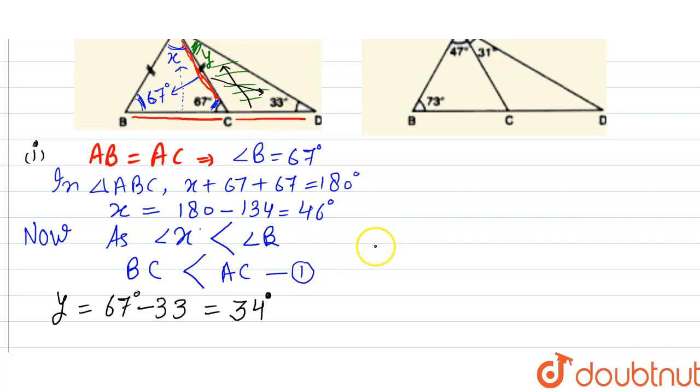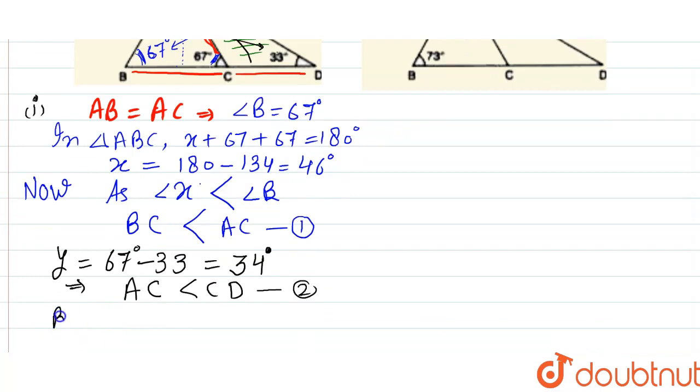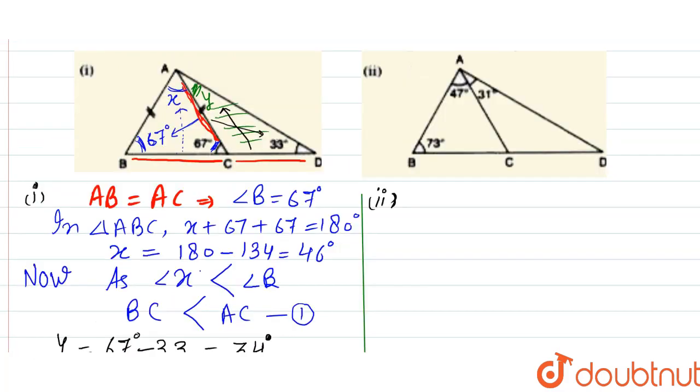So this implies that AC is shorter than CD. Now you can write these two inequalities combined: finally BC is shorter than AC and AC is shorter than CD. So this is the ascending order of these three line segments.